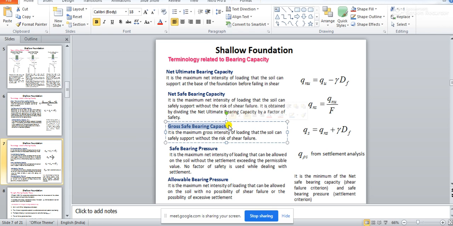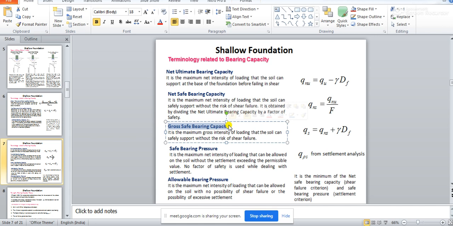First you get QU, which means ultimate bearing capacity. From QU, if you subtract the value of the overburden pressure, you get QNU. What is QNU? It is nothing but the net ultimate bearing capacity.